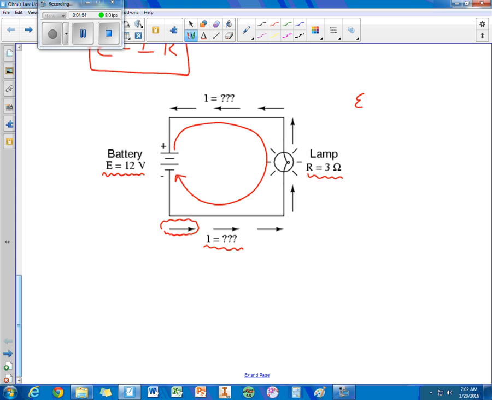So Ohm's law says that the electromotive force equals current times resistance. So that means we've got 12 volts equals current times 3 ohms. So the current then will equal 4 amps.